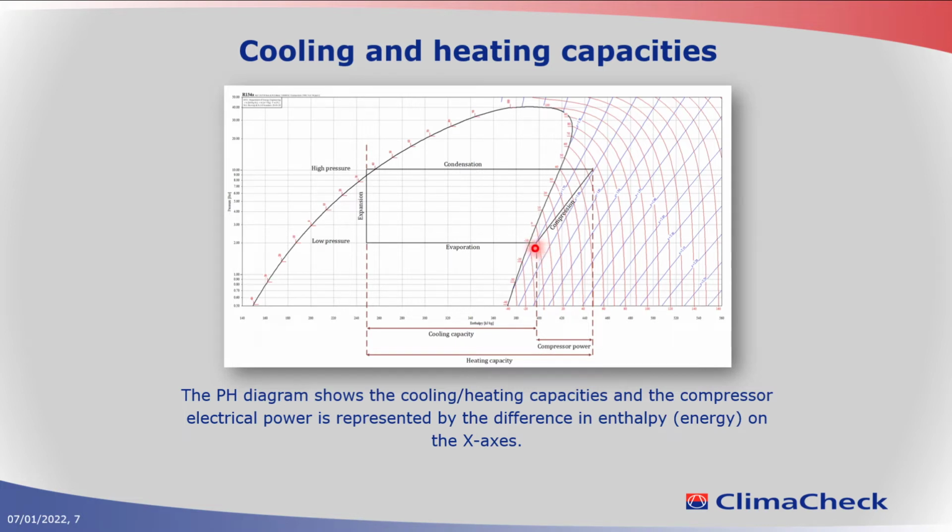From this point, the suction, to here, the discharge, you have the added compressor power, or the energy added from the compressor. And then from this point, we go from right to left, we remove energy, and this part here is my heating capacity. So we can see the different parts and the heating and cooling capacity in the pH diagram.